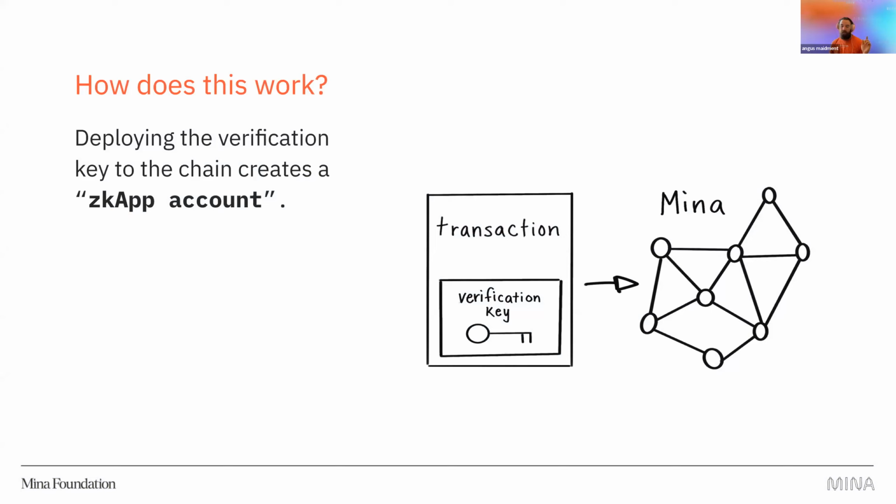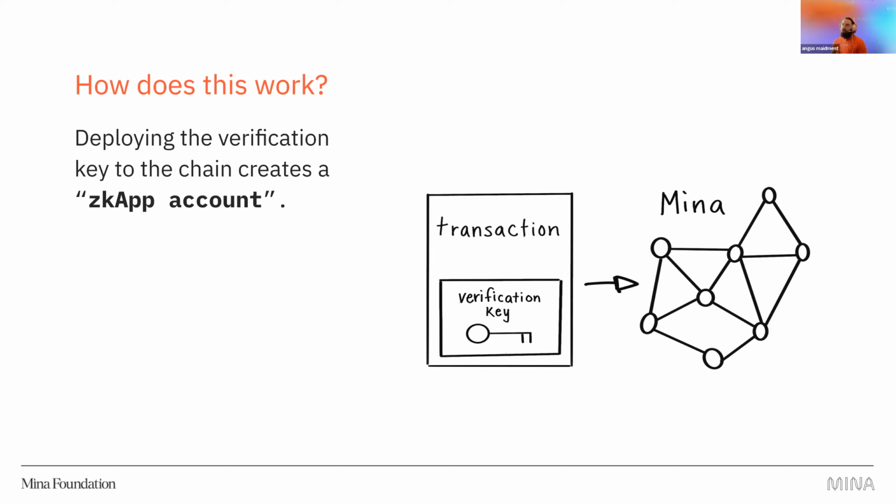because I explained that the network verifies the proof that you produce when your users use your ZK app. So just to let you know how that works, I said before when we were looking at ZK proofs, when you compile and generate your ZK app, you create this thing called a verification key.